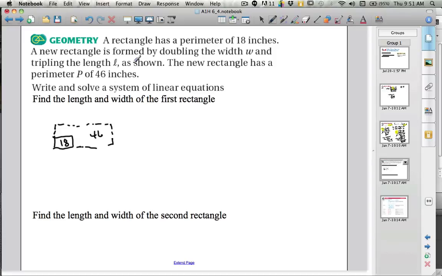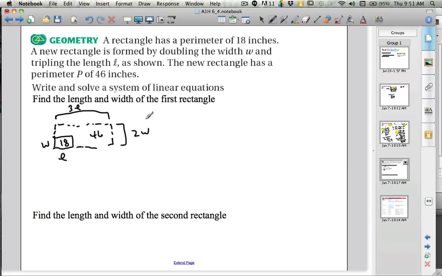Okay? So I've got a width of W. So when we look at this, this is W, and then this distance here is double that, so 2W. And then here's my length, L, and this length was triple that, so that's 3L. Right? So if I want to solve a system of linear equations, I can go ahead and solve this.